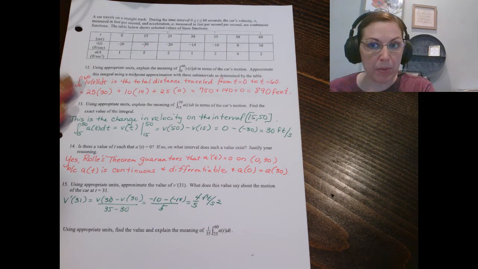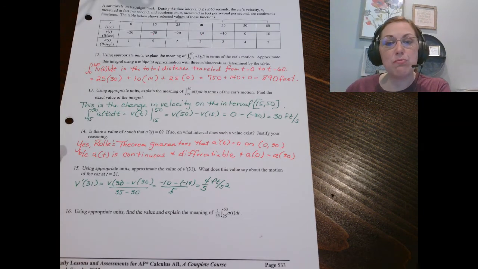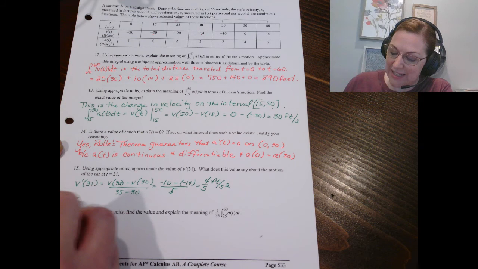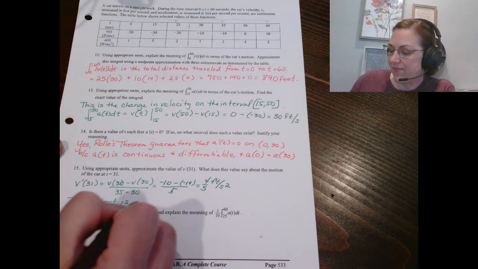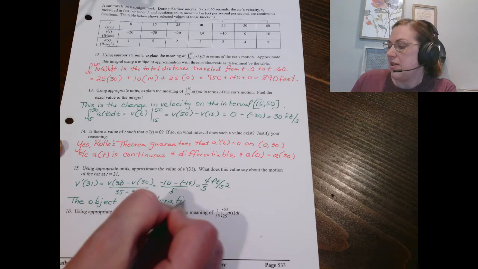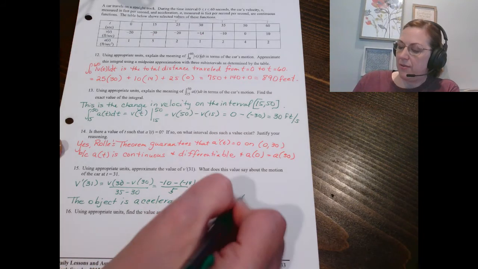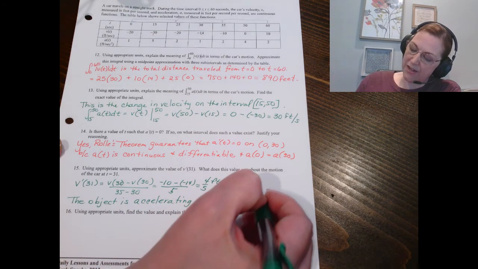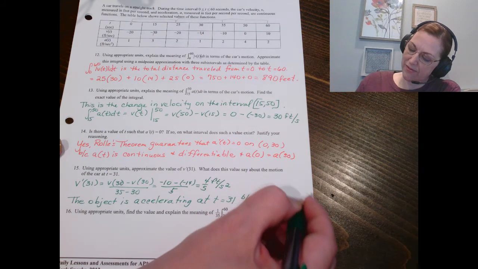So if this is positive, what does that mean about the motion of the particle? The object is accelerating at t equals 31, because v prime of 31 is positive.